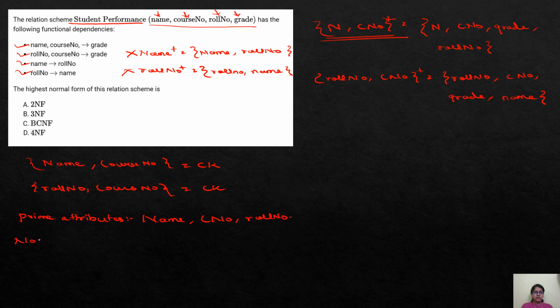Non-prime attributes are the ones that are not part of a key. So apart from these, what is left? Name is covered, roll number, course number is covered. The only thing left is grade, so grade is a non-prime attribute.